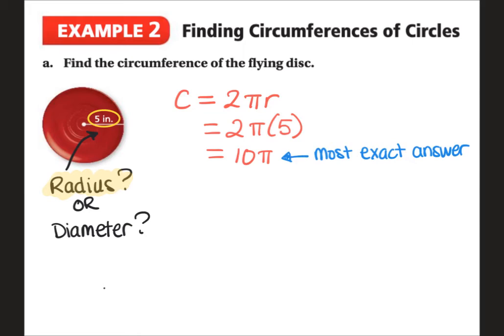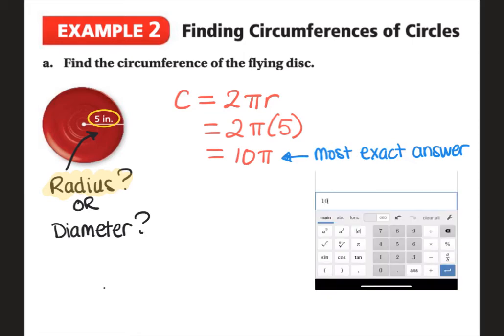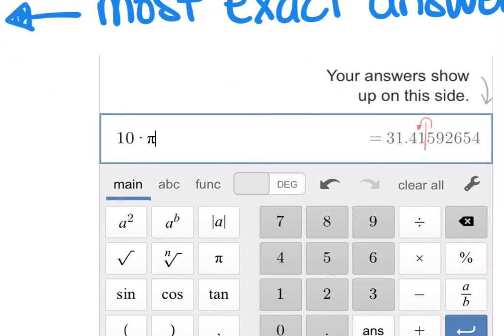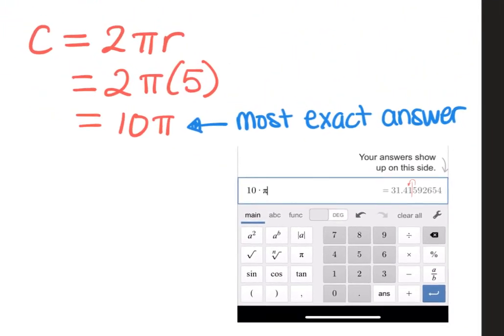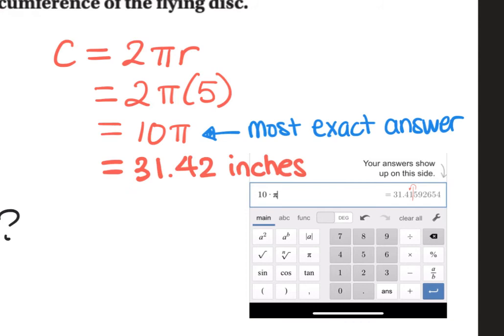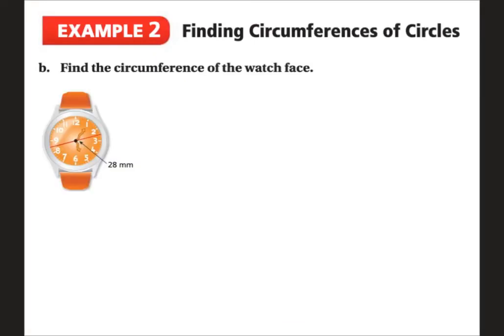So we're going to do 10 times pi in our calculator, and we get 31.41592654. Now this is a really long decimal number, so let's round this to 2 decimal places. So in this case, the circumference that we have for this example is 31.42 inches. And don't forget, we need to include our units.